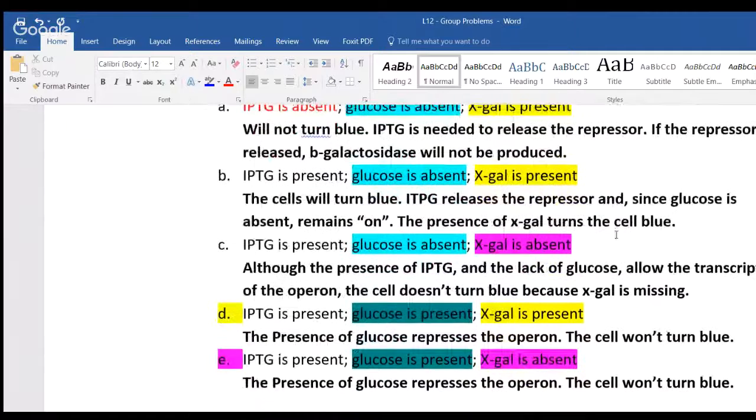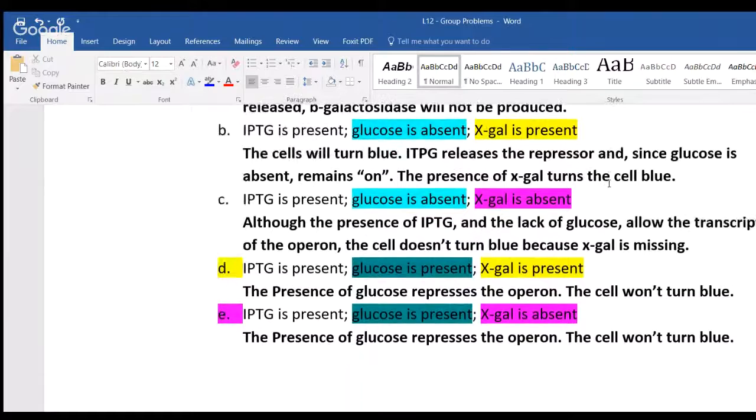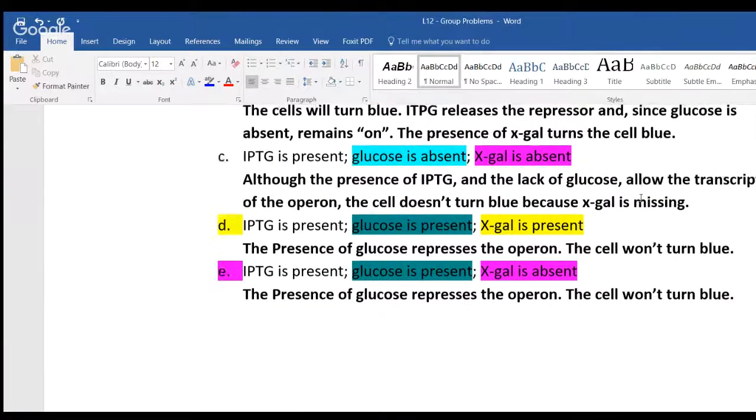For part B, we do have IPTG, we don't have glucose, which is good, and X-gal is present, so the cell will turn blue. For part C, we do have IPTG and glucose, but X-gal is needed to be cleaved to turn it blue. So even though it's producing it, we can't tell.